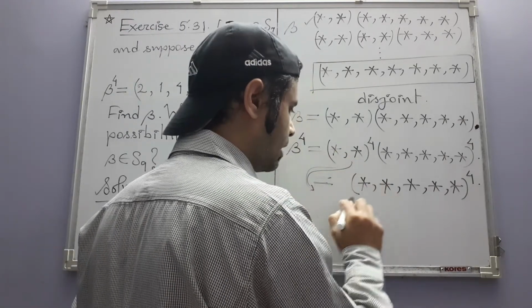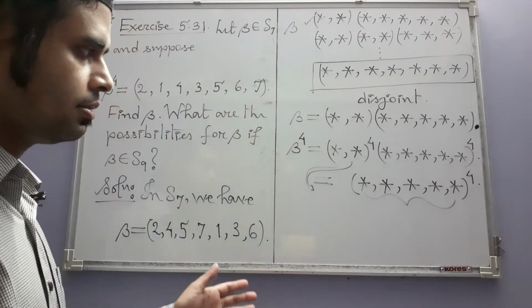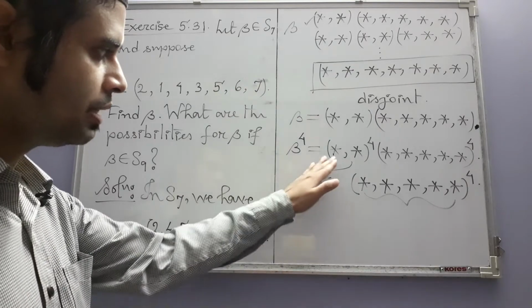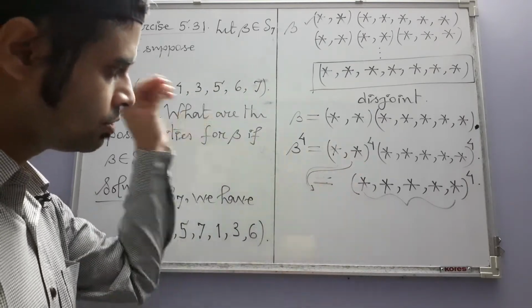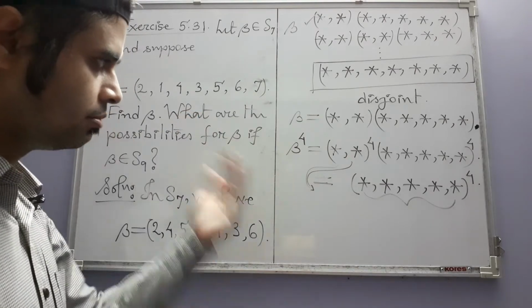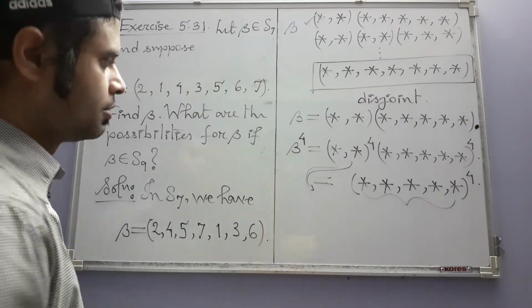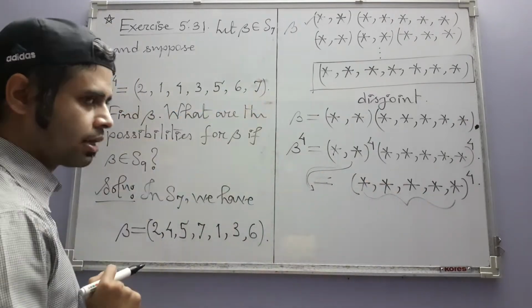Whatever is going to happen will happen with these 5 symbols, and that calculation does not have the power to bring back those vanished 2 symbols, and that is why those 2 symbols will remain absent from the final answer, and that is why it can never be this 7 cycle.